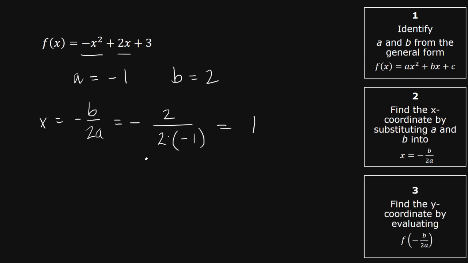Then we find the y-coordinate by evaluating f of 1, because 1 is minus b over 2a. Then we get minus 1 squared plus 2 times 1 plus 3, and we get 4.